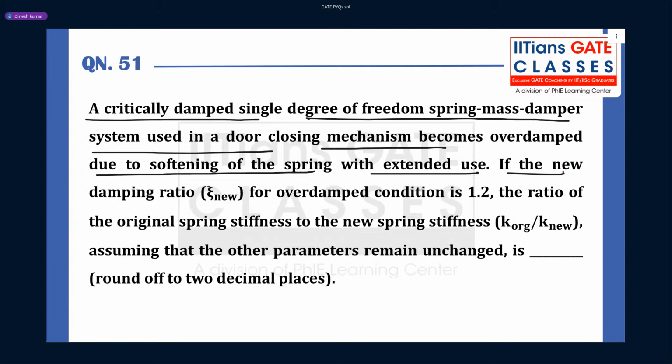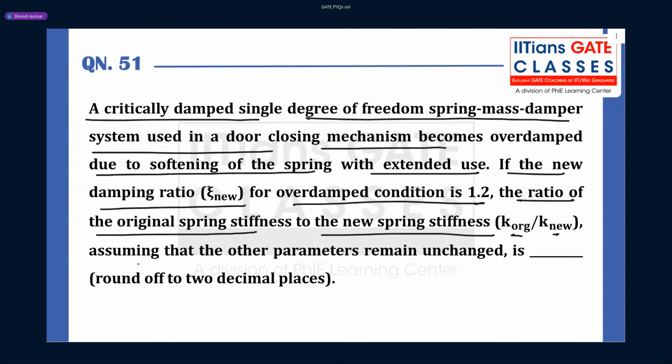If the new damping ratio zeta new for the overdamped condition is 1.2, the ratio of the original spring stiffness to the new spring stiffness, K original to K new, assuming that other parameters remain unchanged, is.